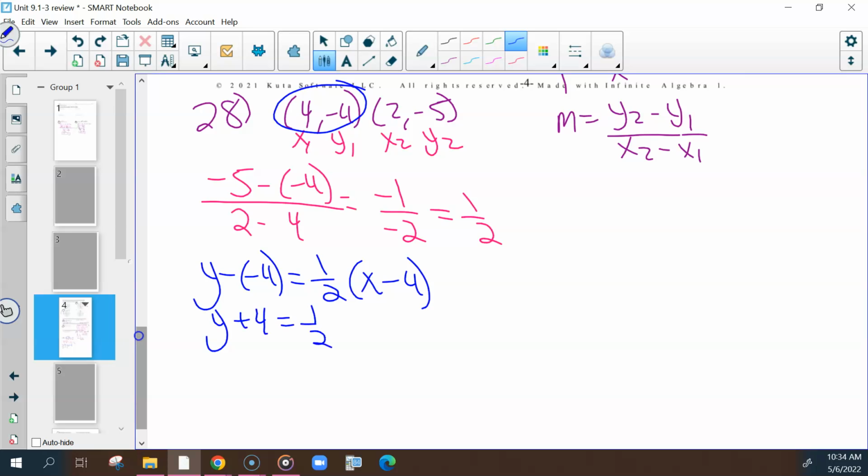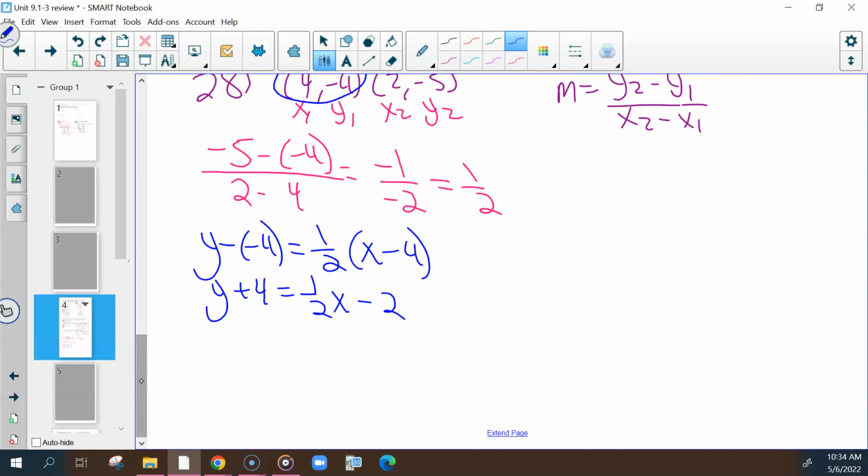So this would be y plus 4 equals 1/2 x minus 2. And then we would subtract 4 on both sides. y equals 1/2 x minus 6. Do we have any questions on that?